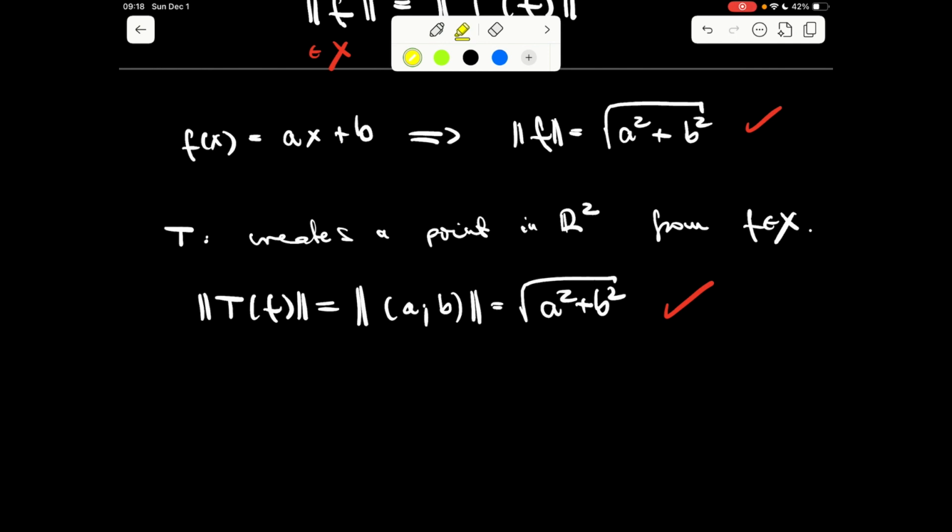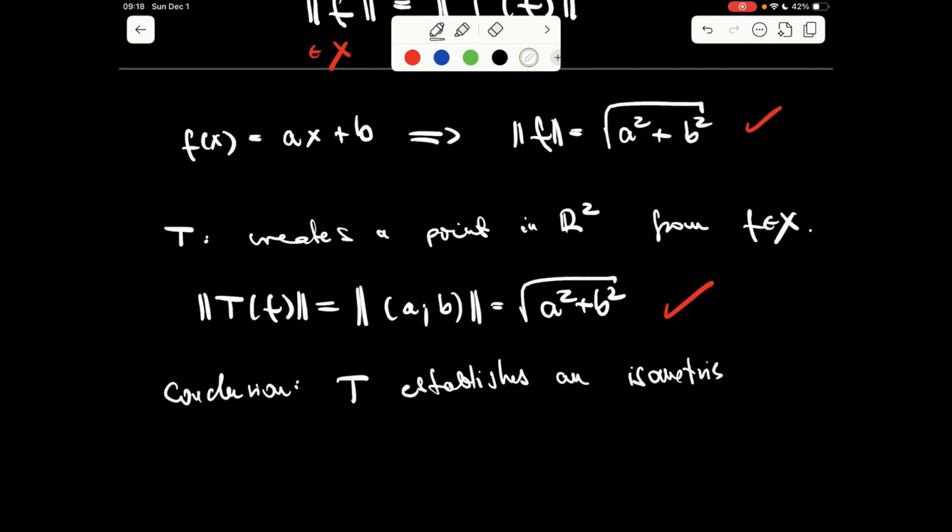So, conclusion, mapping T establishes an isometric isomorphism. Okay.